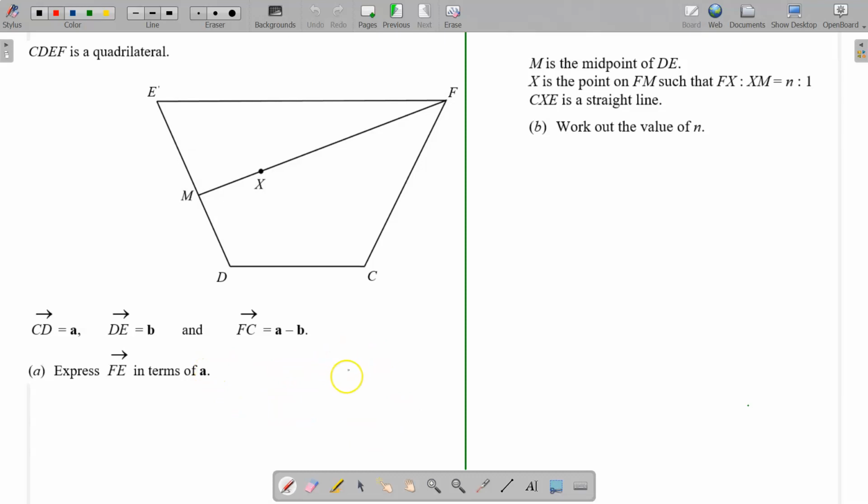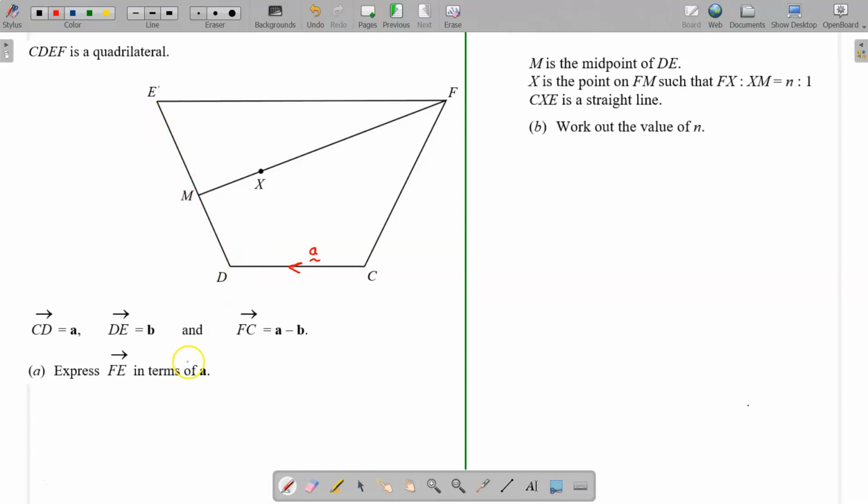Express FE in terms of a. Well, first of all, I'm going to just put this information onto the diagram. So CD equals a. So little a is this vector here. And DE is the vector b.